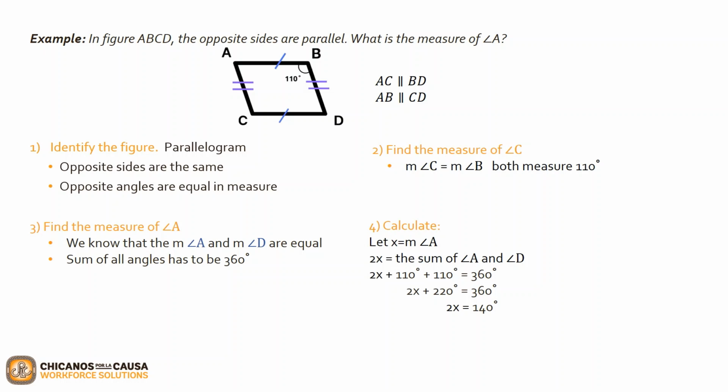Remember, what you do on one side, you have to do on the other. When you divide 2x by 2, you get x, and when you divide 140 degrees by 2, you get 70 degrees. Therefore, the measurement of angle A is 70 degrees.